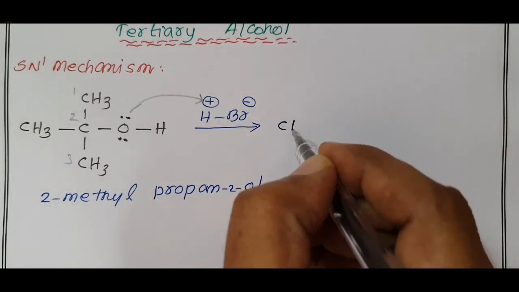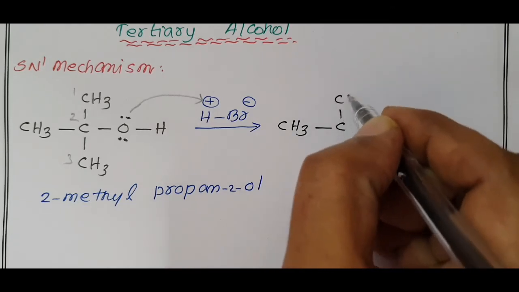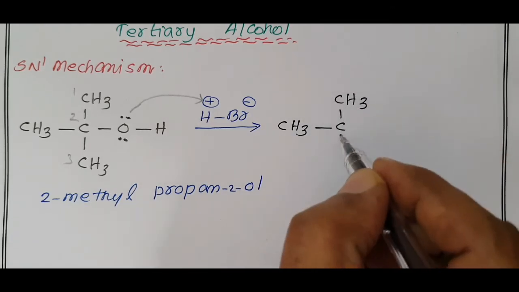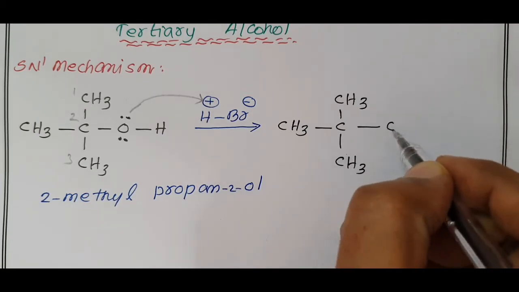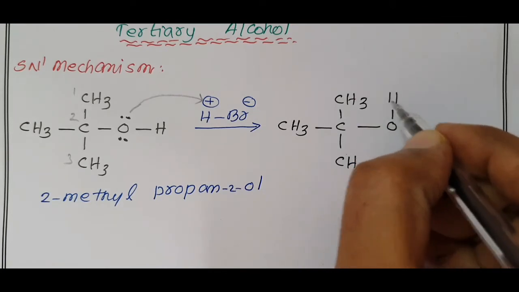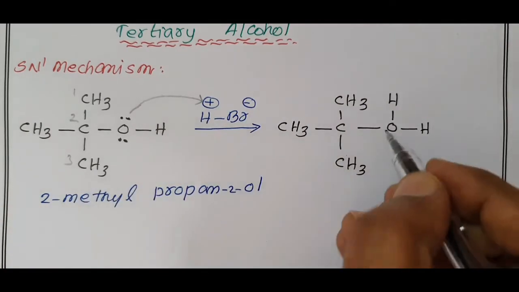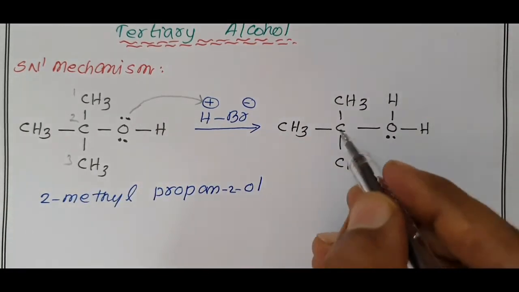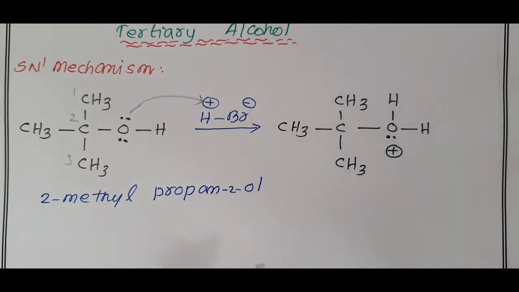You will get CH3, single bond carbon, here you have one CH3, CH3. Now oxygen donated a pair of electrons to hydrogen, a new bond is formed. Here you have one hydrogen and one lone pair of electrons. Because oxygen donated a pair of electrons, it gets positively charged.